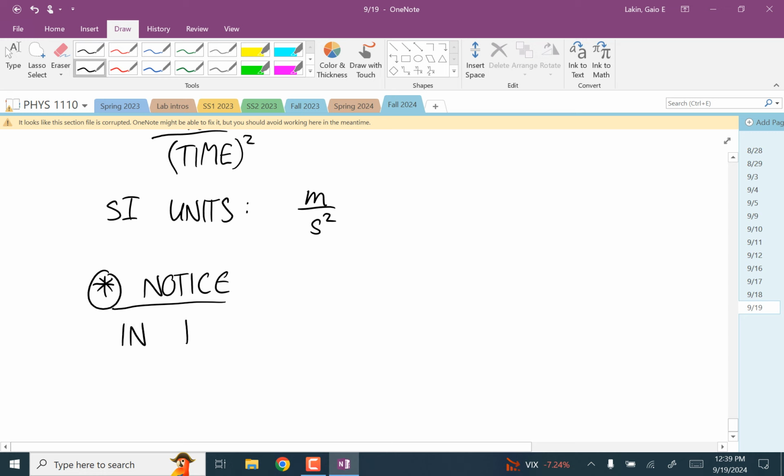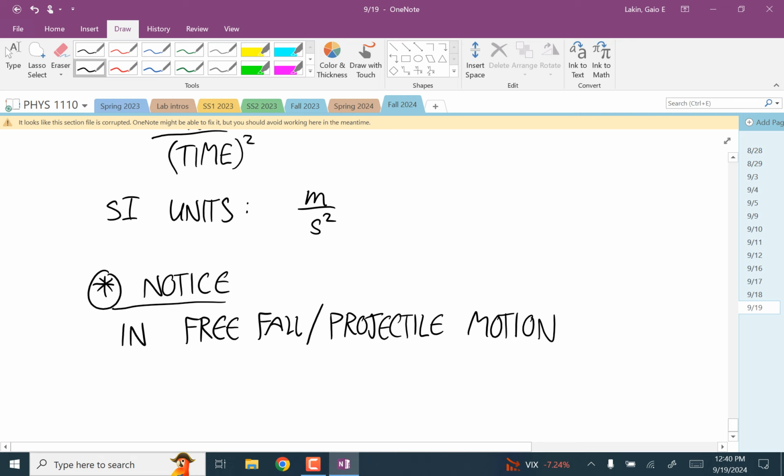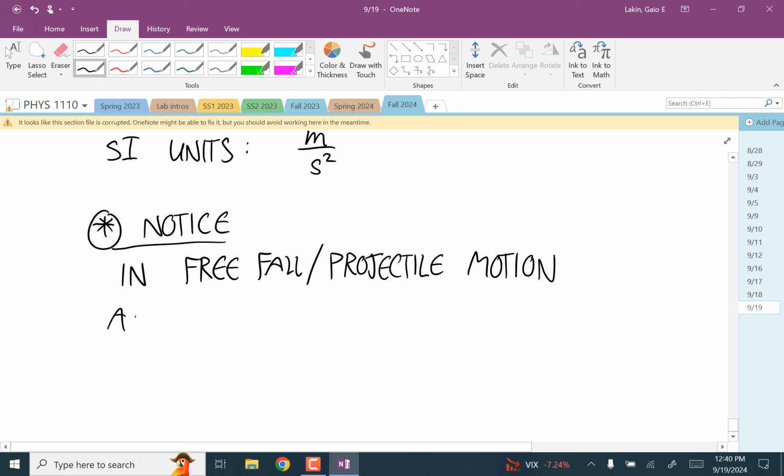If an object is in free fall or projectile motion, the acceleration vector is always 9.81 meters per second squared down.